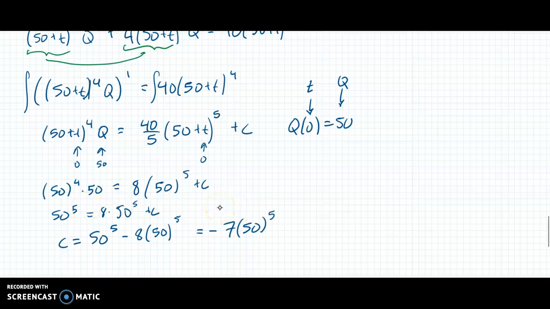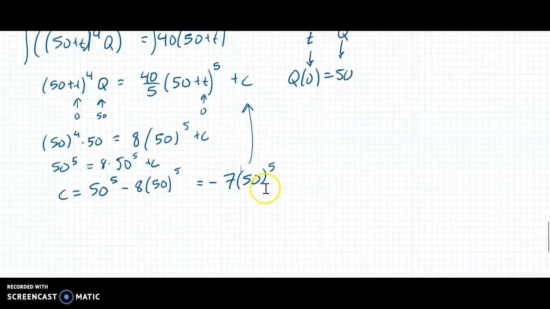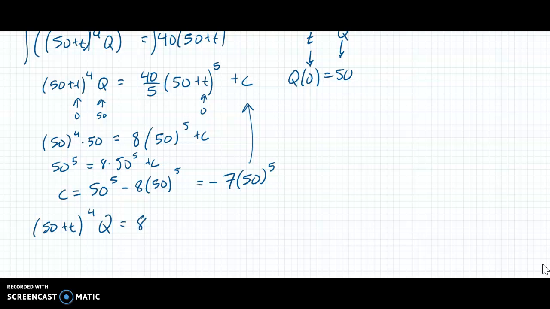So I can now use that here. So I get (50 plus t) to the fourth times q is equal to 8 times (50 plus t) to the fifth minus 7 times 50 to the fifth.